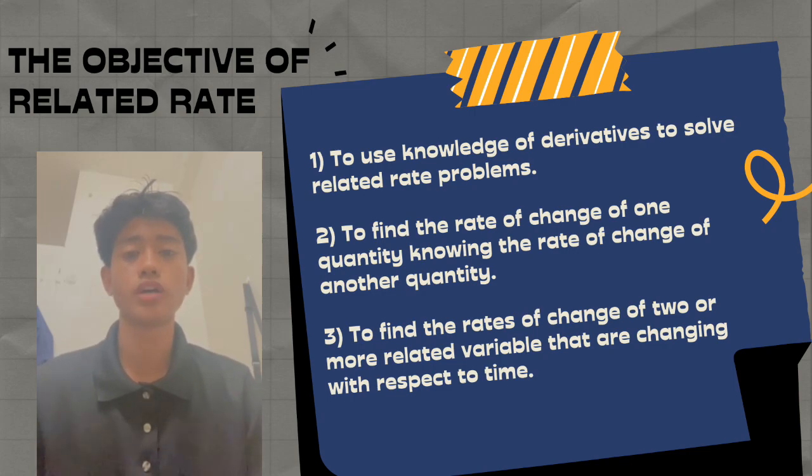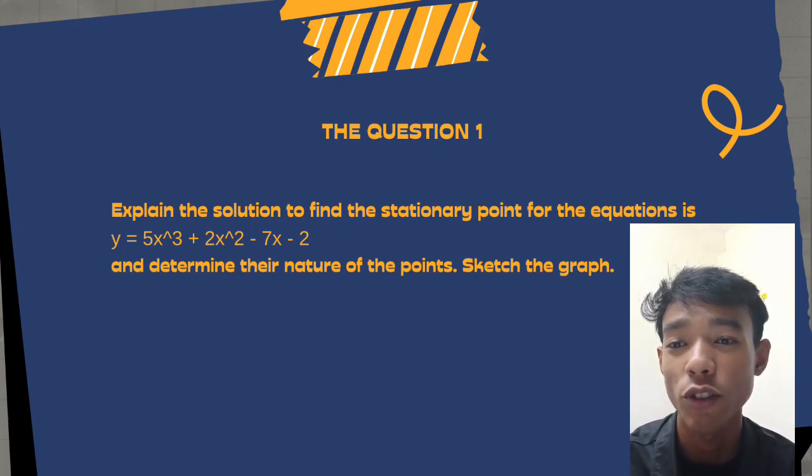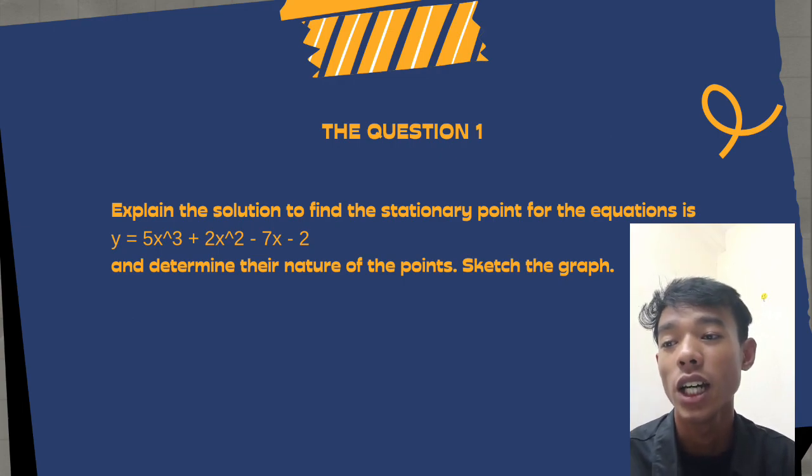Number 3 is to find the rates of change of 2 or more related variables that are changing with respect to time.